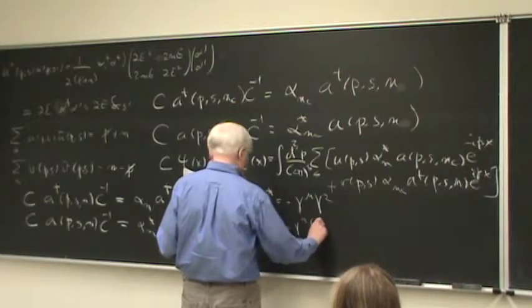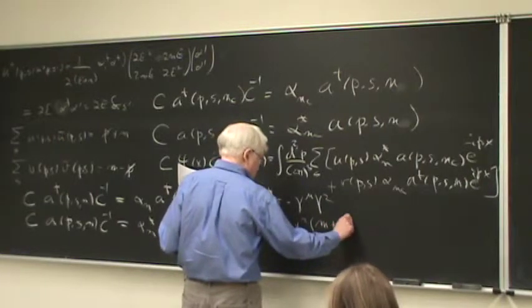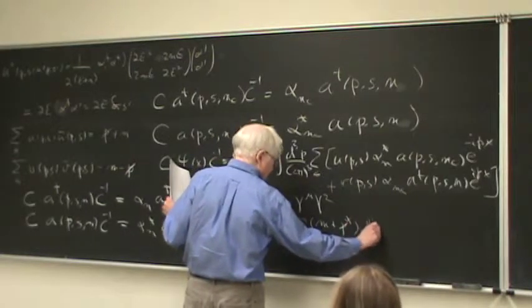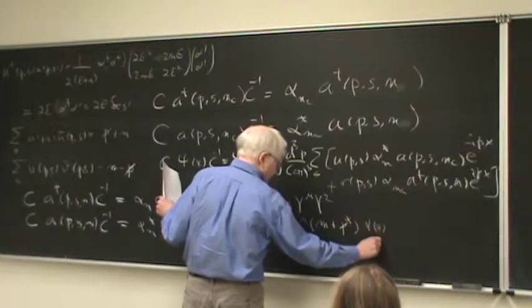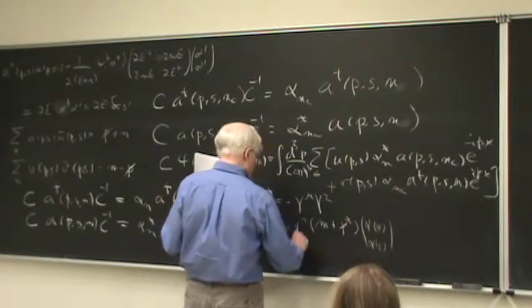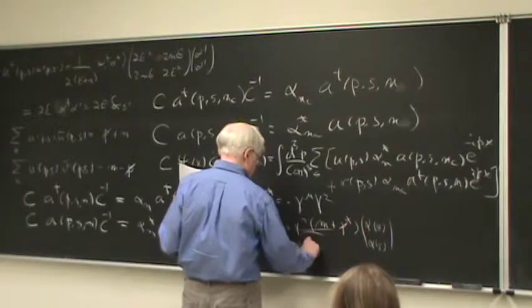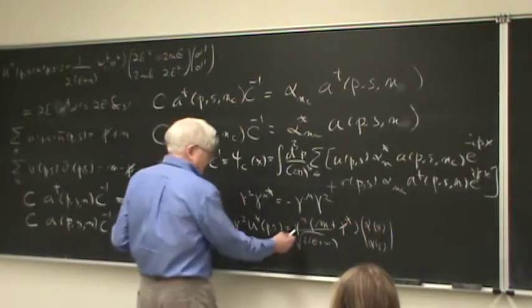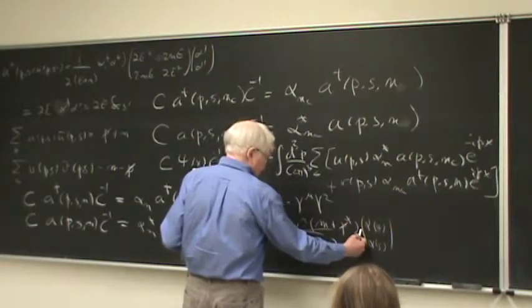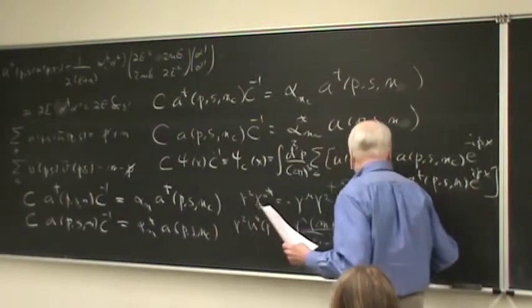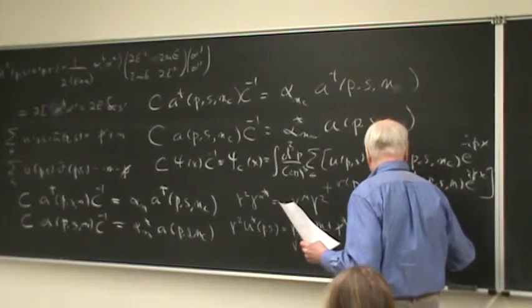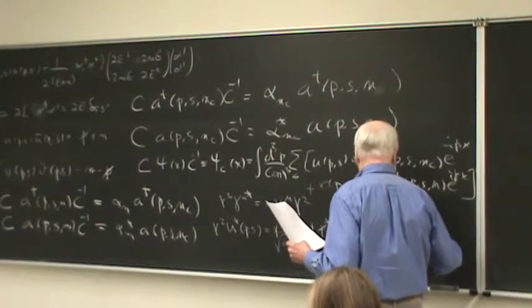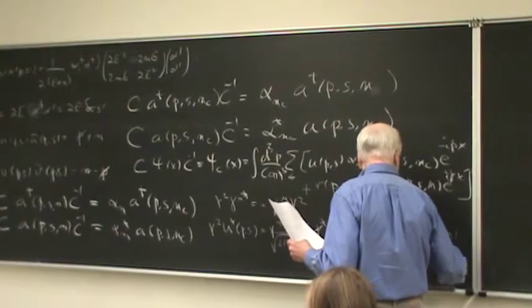It's gamma 2 times m plus p slash star, and then the two alphas, alpha of s, let us say, and then there's the normalization, square root of 2 E plus m. Okay, but now we can move the gamma 2 through and flip it, so it's m plus p slash over the normalization, and then gamma 2 alpha of s.